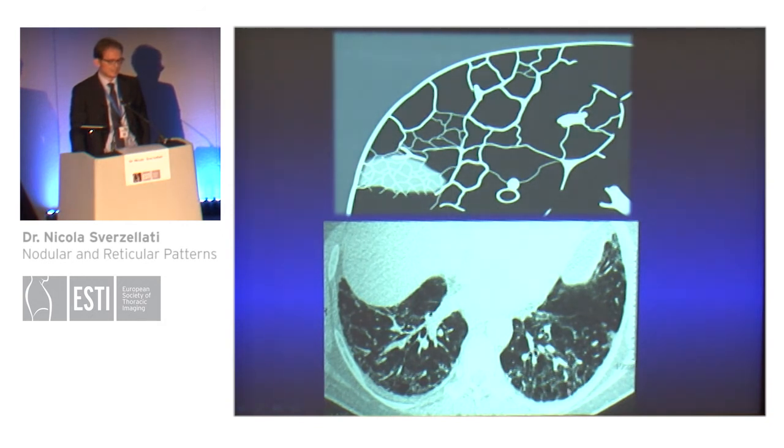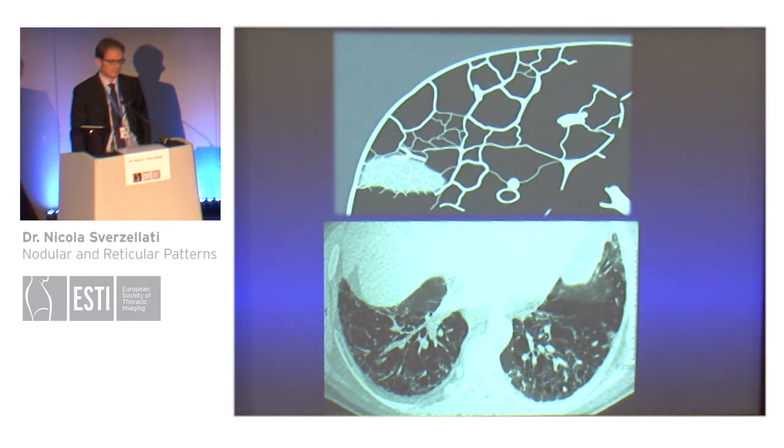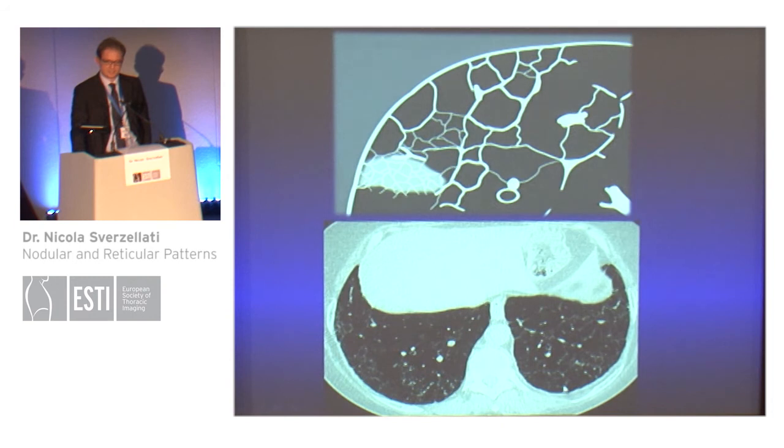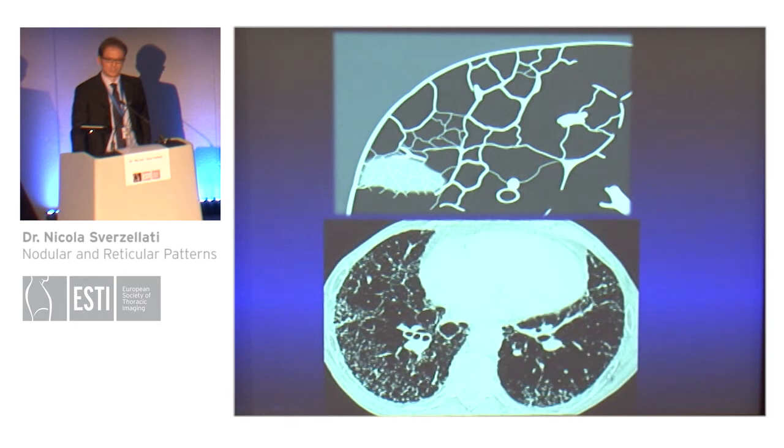And this fine reticulation, of course, represents lung fibrosis and is also mixed with traction bronchiectasis. And in more advanced lung fibrosis, this fine reticulation is associated with coarser intralobular thickening and also with honeycombing.